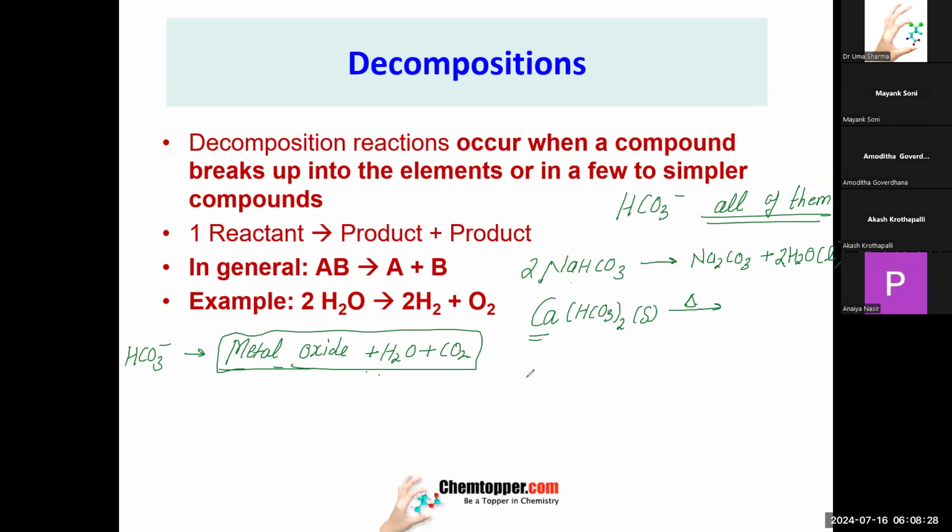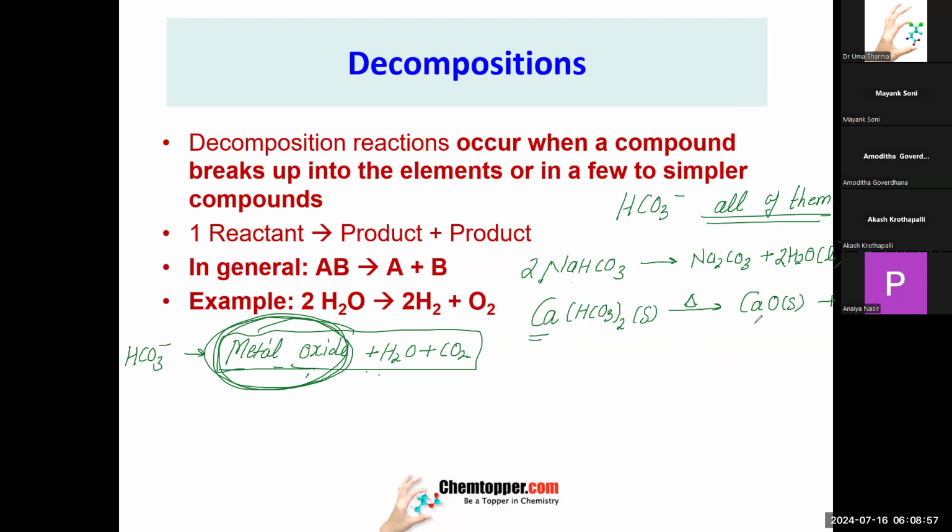No answer? What happened, Akash? Calcium oxide, solid, plus, no. Metal oxide, see here I've written. What I've written here, Ananya?